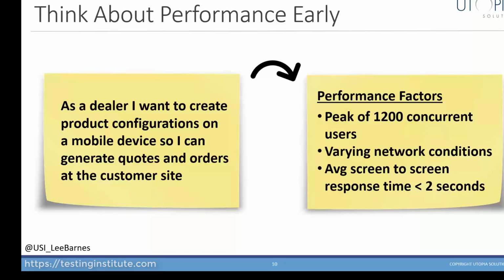And given that we're literally going to be out in the field, we need to consider varying network conditions. And we know from experience that our users don't want to deal with anything worse than a 2-second response from screen to screen. At this stage, we're just getting these factors out in the open. I don't recommend spending a lot of time on this, but it gets them out in the open early, and we're not leaving it for a performance test engineer to worry about right before release.